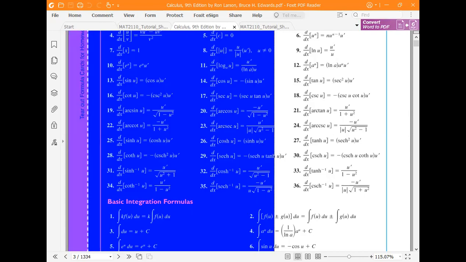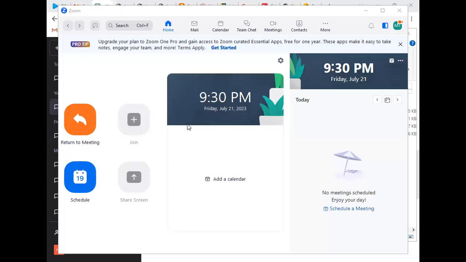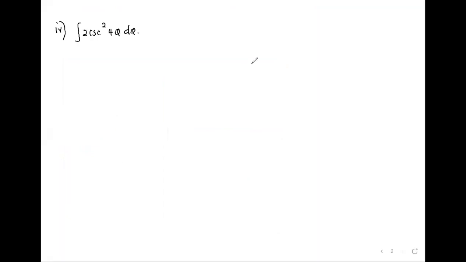So let's go back. You would say, okay, since I know that the derivative of cot theta is equal to minus cosec squared theta, now we have a 4. So we must just take care of it.